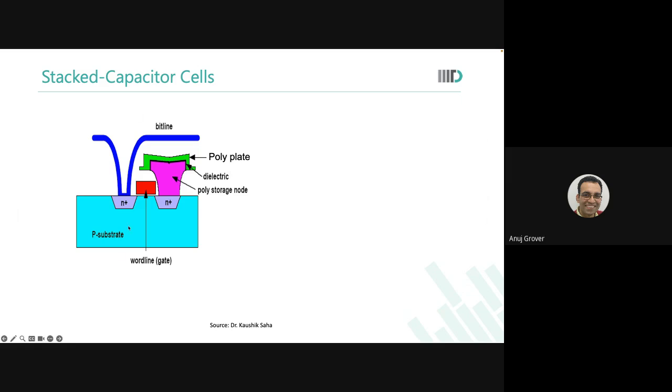So over here, do you see where is the capacitor? Look at this. This is the poly plate, one side of the capacitor. The black one over here is the dielectric, and this is the storage. The pink one is the other plate of the capacitor.